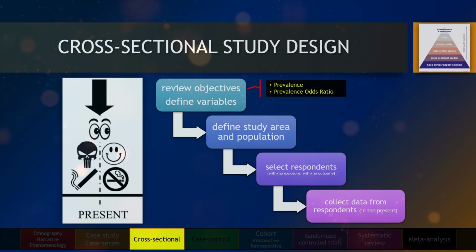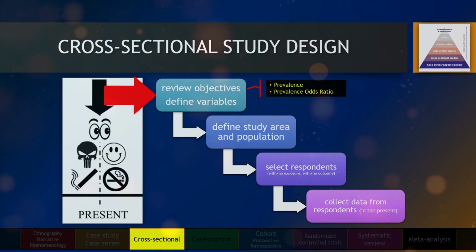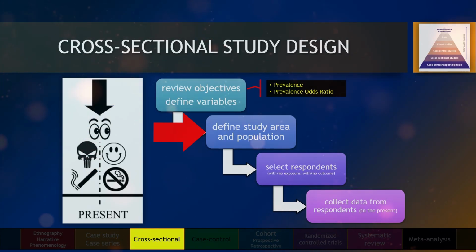So how do you do a cross-sectional study? As with all research, defining your objectives is important, which would, of course, lead you to defining your main variables. In cross-sectional studies, determining prevalence of something, say a particular disease or exposure, or both, is a very common objective. You then define your study area and study population.